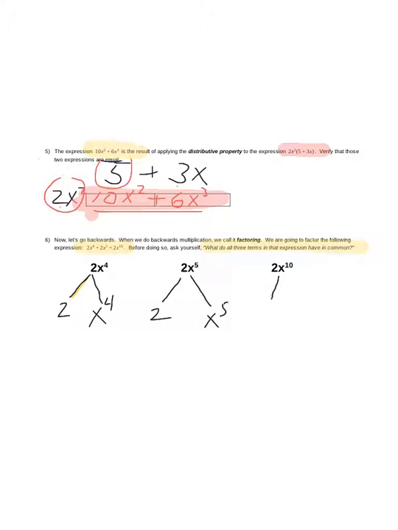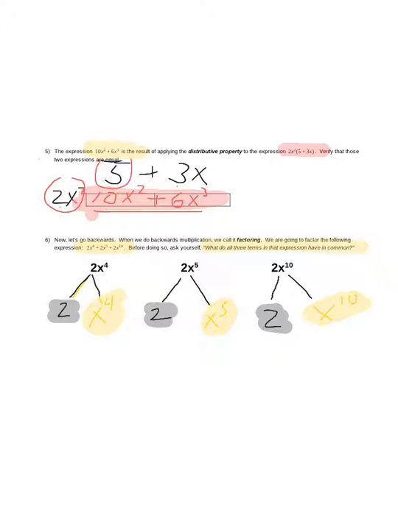And 2x to the 10th is 2 times x to the 10th. Now, if we look, every one of these has a 2 in common. Do you see that? Everything's got a 2 in common. And it's got x's in common as well.